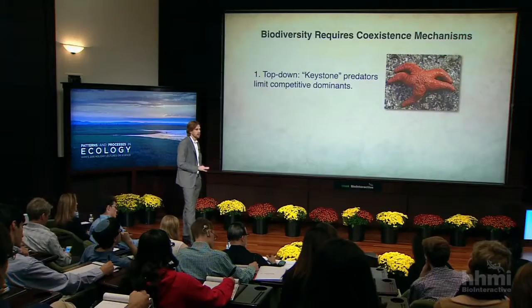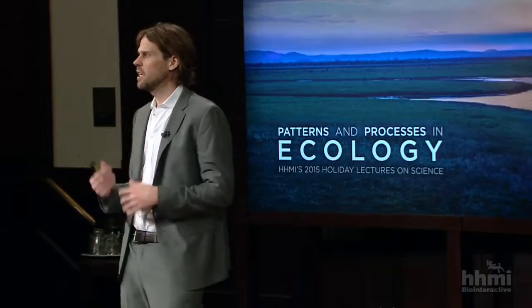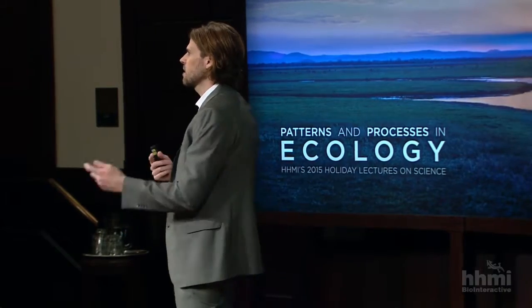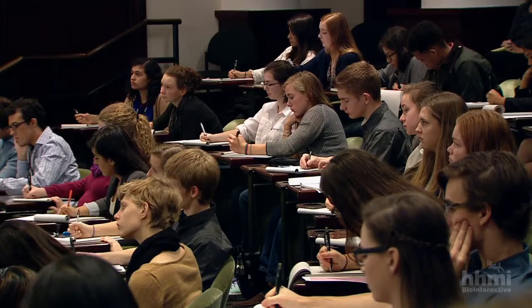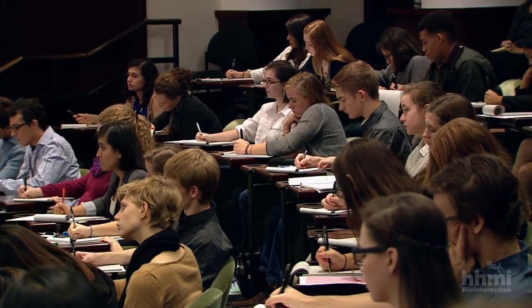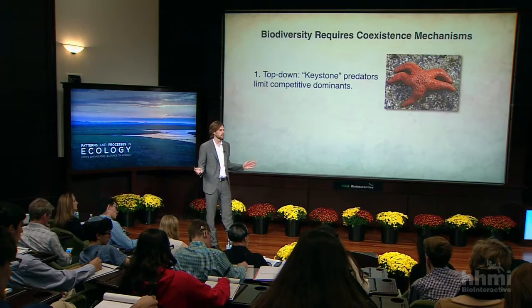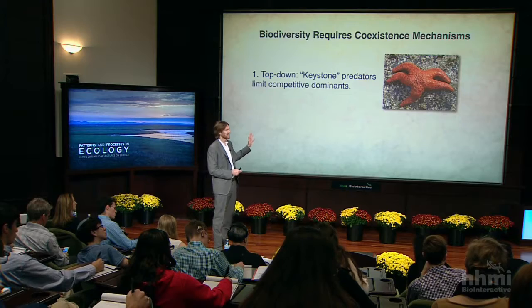Now, if you want biodiversity, and I for one want biodiversity, then you need coexistence mechanisms. You need mechanisms that enable ecologically similar species to coexist in the same habitat. And there are a couple classes of coexistence mechanisms, and we don't have time to talk about but one of them.